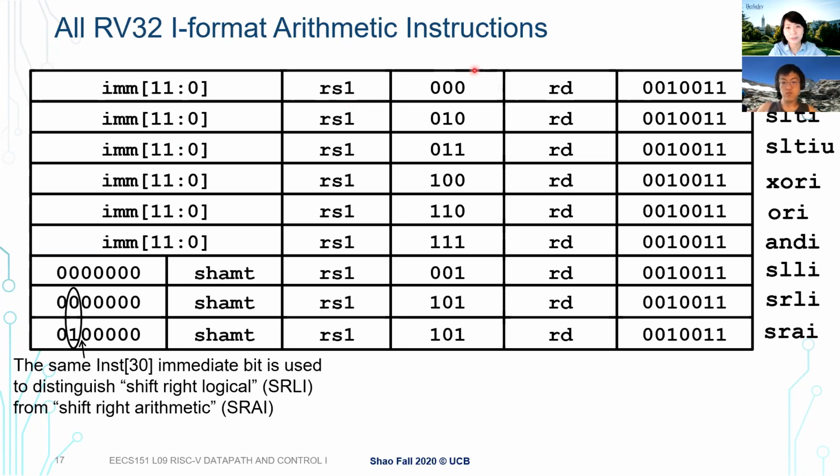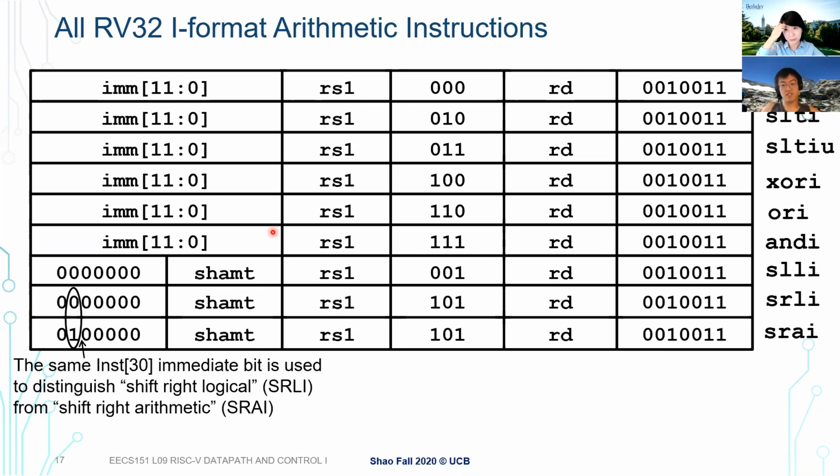And we also use a different func3 field to represent different functionalities. One thing here, when we talk about shift operations, we are shifting on top of a 32-bit value, right? So at most, you can shift 32 bits because the value itself is only 32-bit.